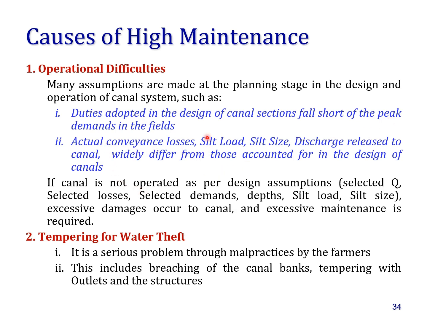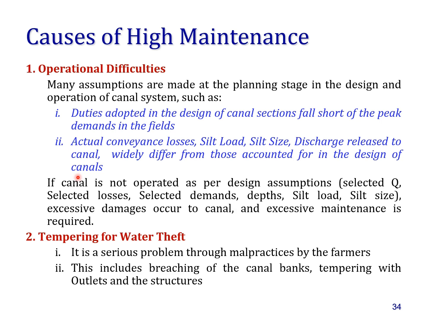Actual conveyance losses, silt load, silt size, and discharge released to the canal may widely differ from those accounted for in the design of the canal. So when you are operating the canal, the operation is different from what you assumed in the canal design.